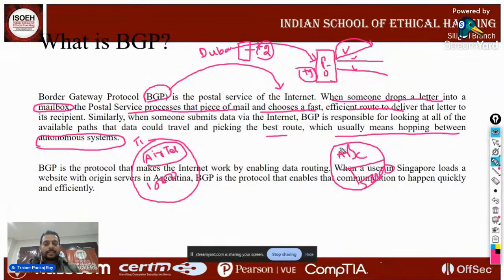So this ABC company has its own AS number. The autonomous system number is 200, just remember that, and the Airtel AS number is 4635. So this is an AS number, and this is an AS number. This type of company does not have its own network traffic, so it takes traffic from Airtel.